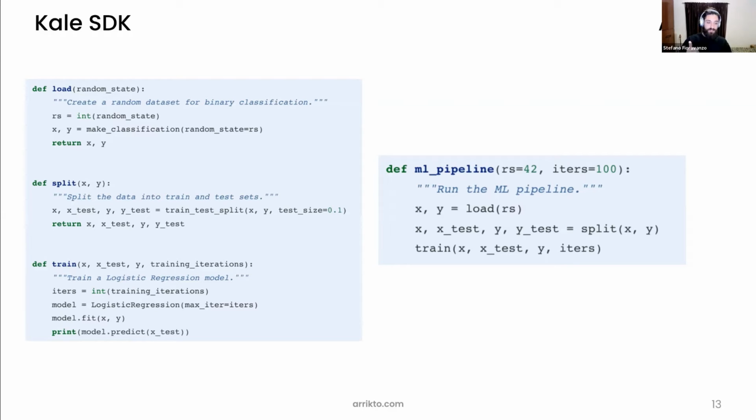For example, here we see a loading function that loads some data, splitting, training, all of this lends itself very well to be combined in yet another Python function that orchestrates these different functionalities.